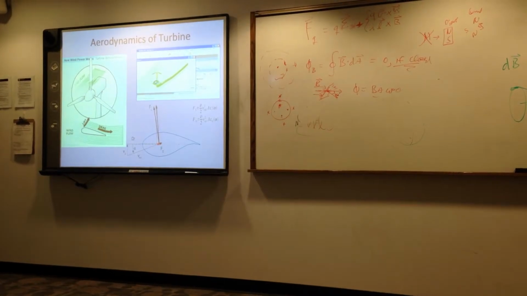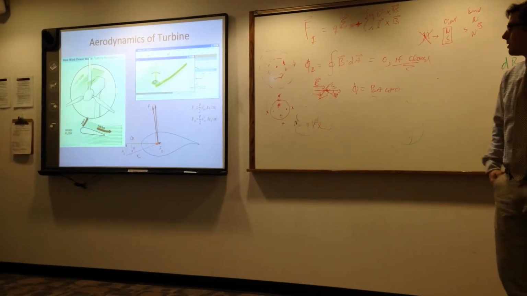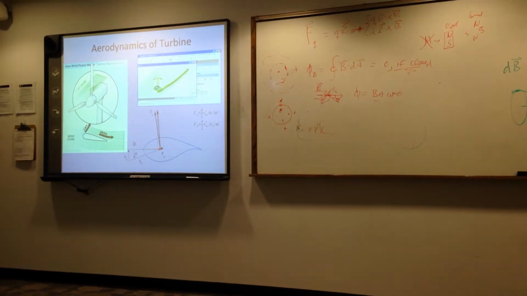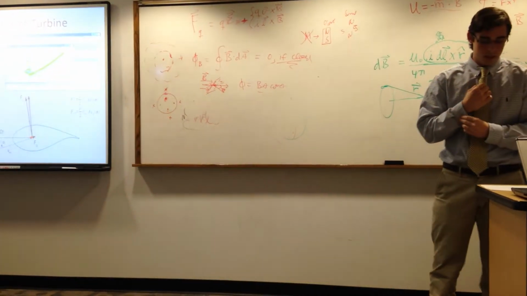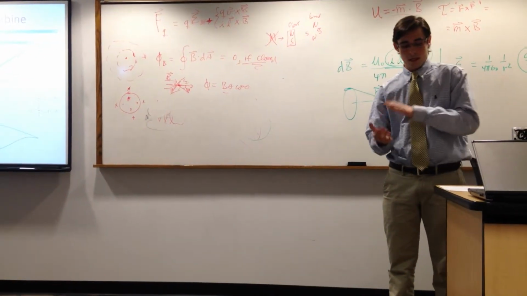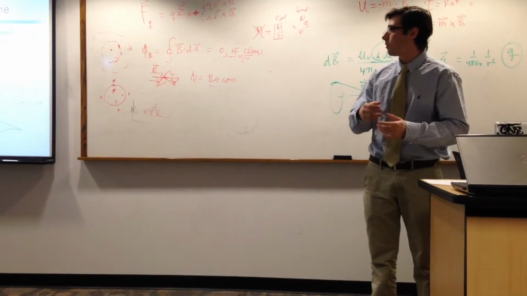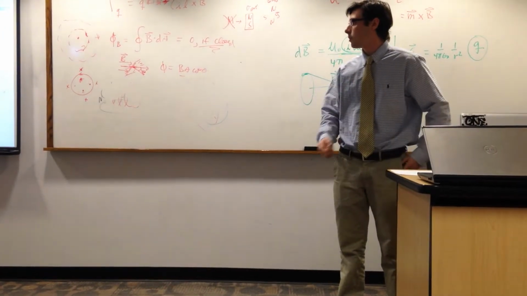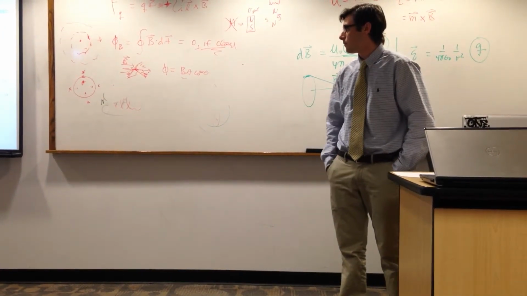Okay, so the aerodynamics of it. What happens is when wind flows over one of your blades, it creates a pressure difference. The difference is uneven, creating a higher pressure on one side and a lower pressure on the other, and that generates this spinning motion of your propeller up there.